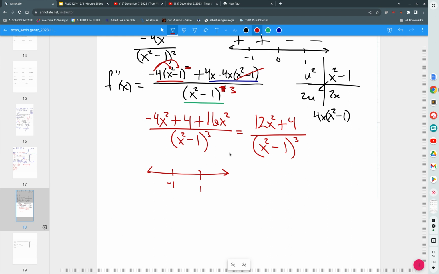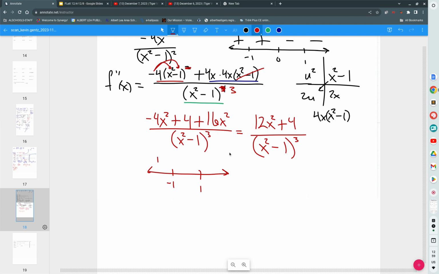Tell me something else about the top. It is always positive. So before the denominator was positive, here we know the numerator will always be positive. So as we plug in values, we know the top is always positive. I plug in negative 2. Negative 2 squared is 4, minus 1 is 3, 3 cubed is positive.